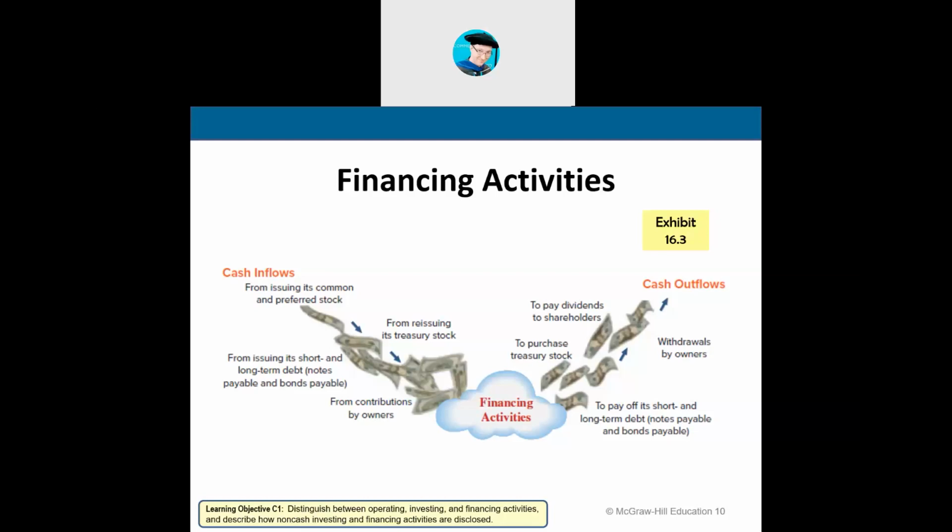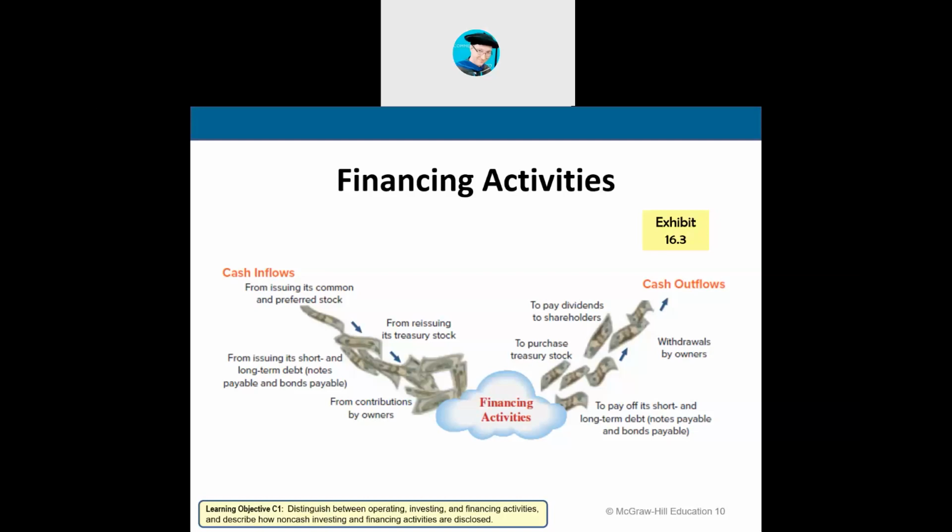Cash coming into the business from financing activities would be the sale of treasury stock, the issuance of common and preferred stock, the issuance of debt in the form of bonds, or cash or contributions from owners. In other words, the owner is putting in capital.